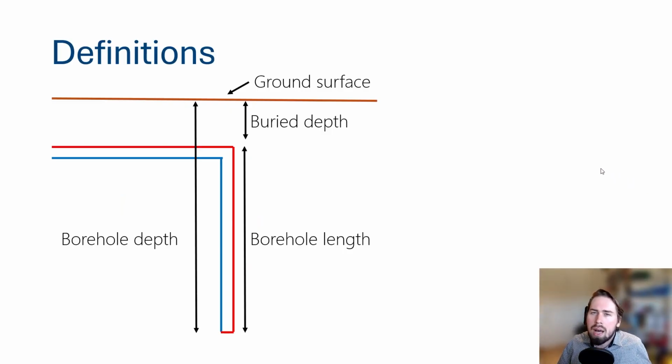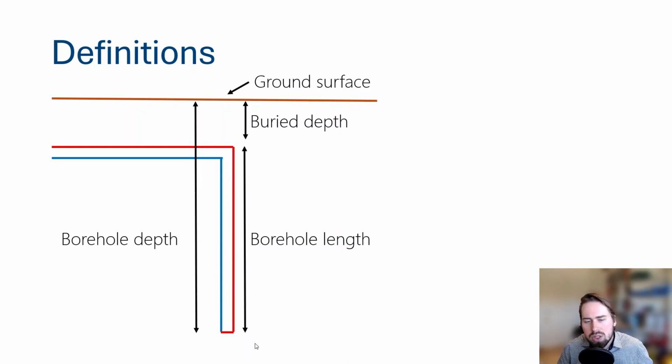When we talk about boreholes, we have to define one way or another how deep they are or what the borehole length is. Now if you have the ground surface, typically you have 1 meter below the ground surface. You have our horizontal piping which connects all the boreholes, and at that 1 meter deep you will start having your vertical piping.